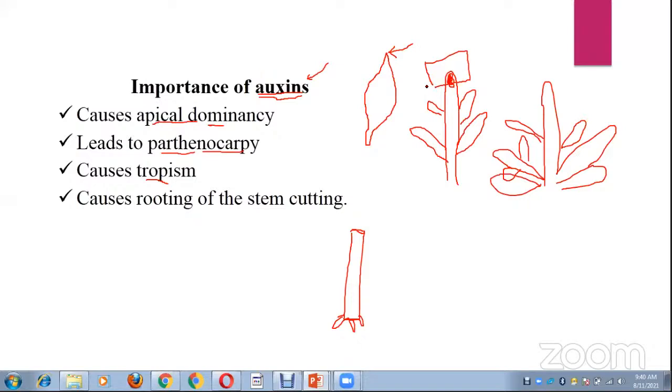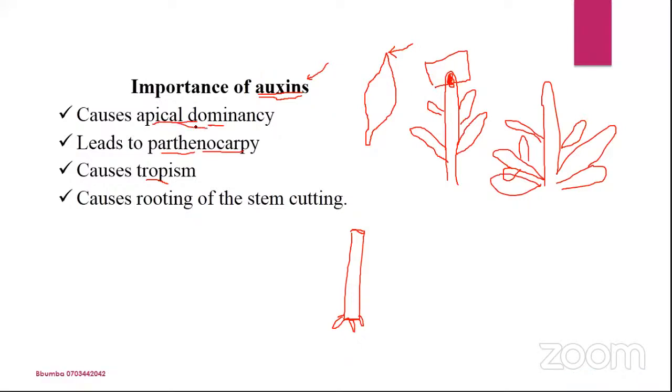Okay, let me explain more about apical dominance. Apical means the upper part of a given plant. Dominance means to rule over. Now, the auxins, because they are normally produced in the upper part, have a tendency of ruling over the whole plant such that it does not grow branches anyhow.